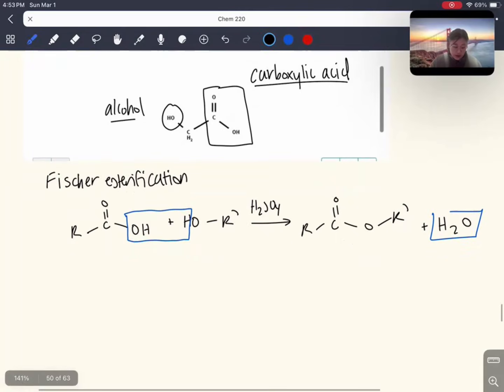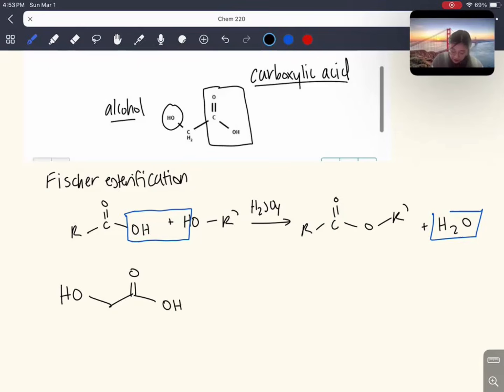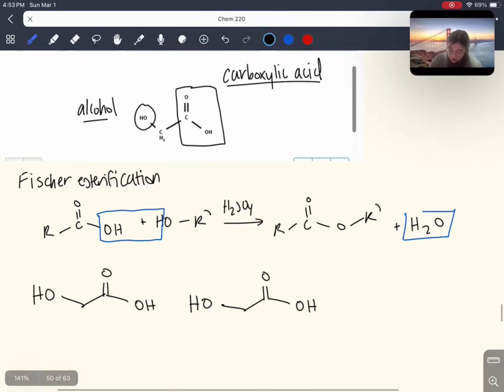So the shortcut way to identify the polymer is first to draw out three molecules of glycolic acid. If I have one molecule over here, I'm going to draw the skeletal structure, then our second monomer, and then our third monomer.